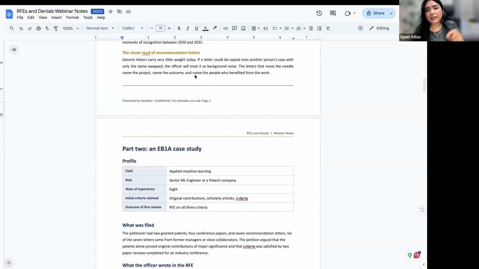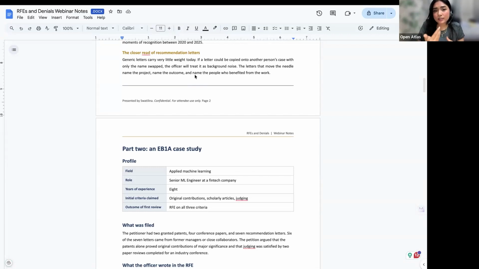For example, if you're doing the judging criteria, and you have completed your judging events or something, but you could not find one or the other evidence to substantiate or strengthen that particular judging criteria, in such situations, a letter of recommendation plays a vital role.